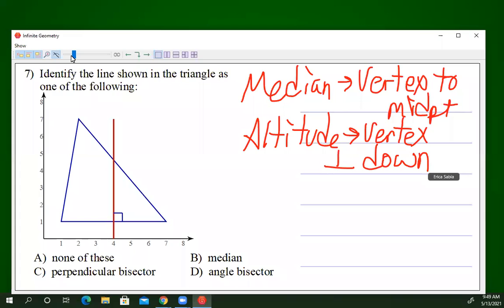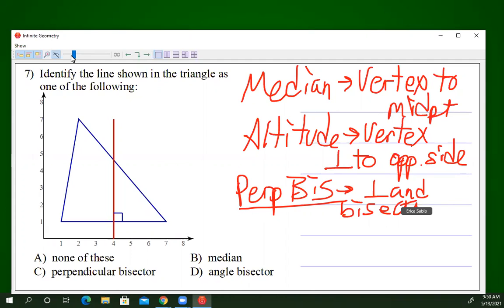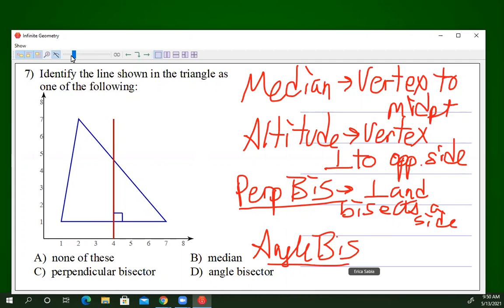I shouldn't say down because it's not always up and down. I should say perpendicular to the opposite side. Okay, that's an altitude. Then we have the perpendicular bisector, which is literally perpendicular and bisects the side. And then the last one was angle bisector. And that one just bisects an angle.